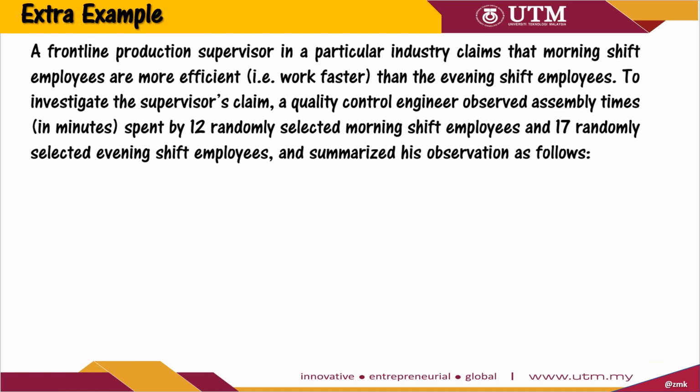A frontline production supervisor in a particular industry claims that morning shift employees are more efficient, that is, work faster than the evening shift employees. To investigate the supervisor's claim, a quality control engineer observed assembly times in minutes spent by 12 randomly selected morning shift employees and 17 randomly selected evening shift employees, and summarized his observation as follows.